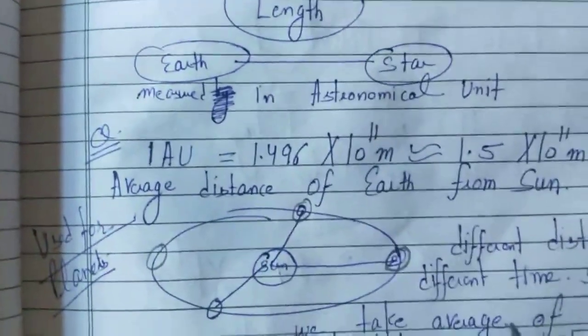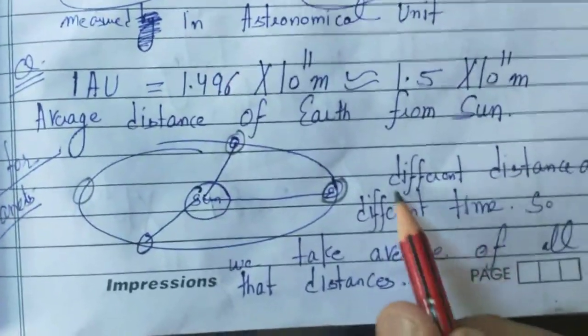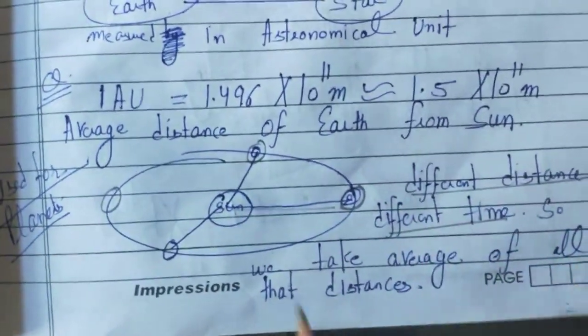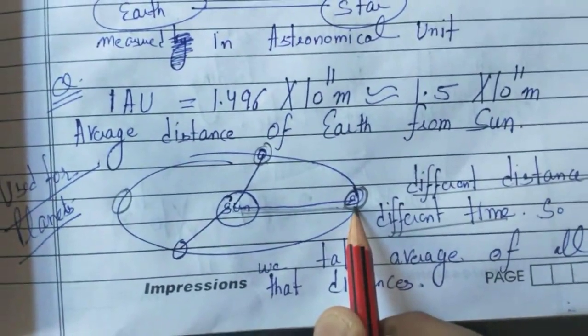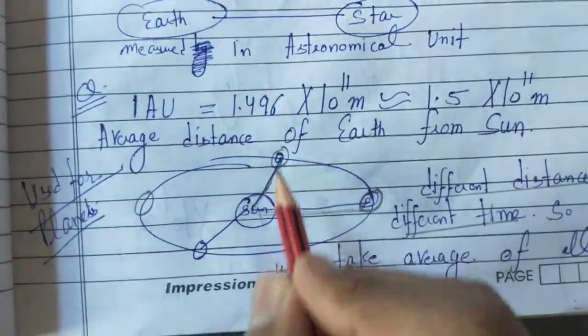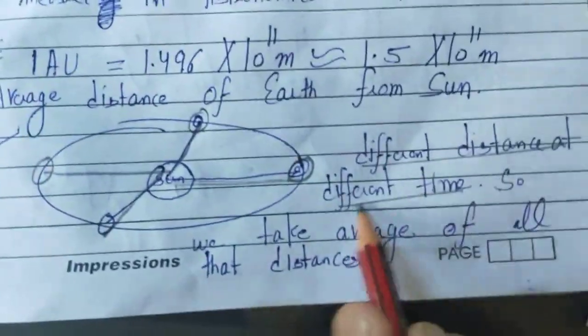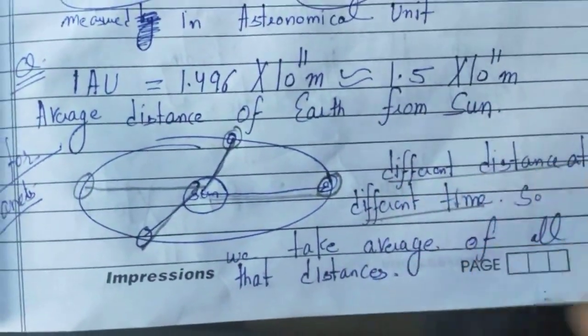That means at different times the Earth is at different distances from the Sun. So this distance is different, this distance is different. At different times Earth is at different distances from the Sun.